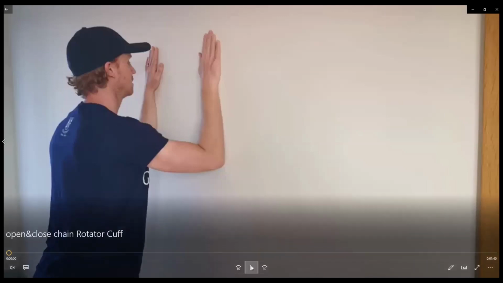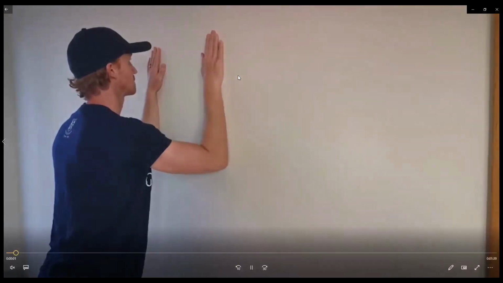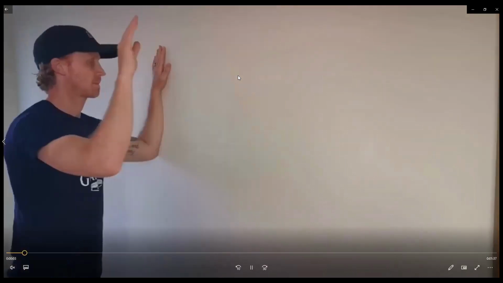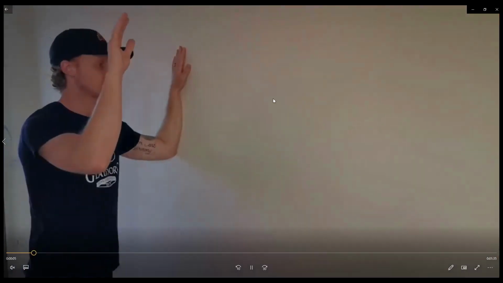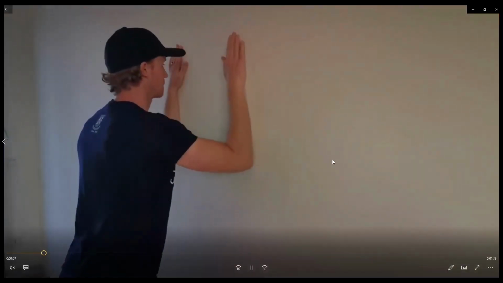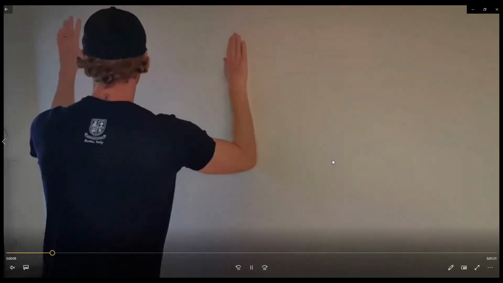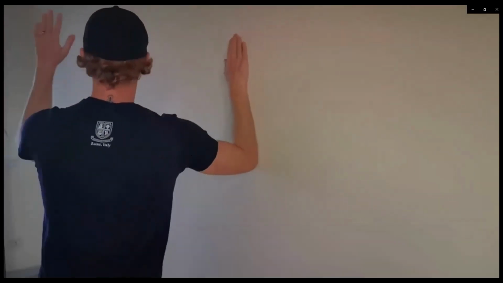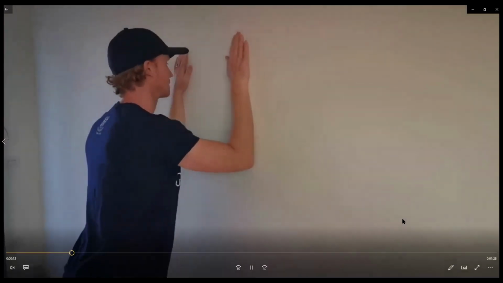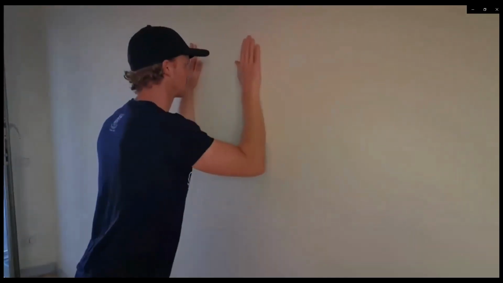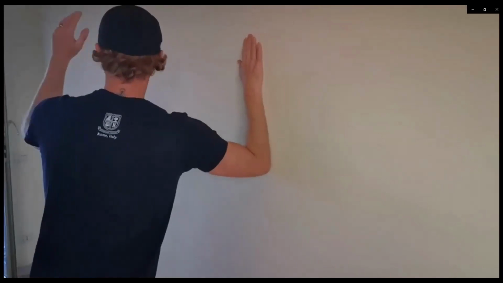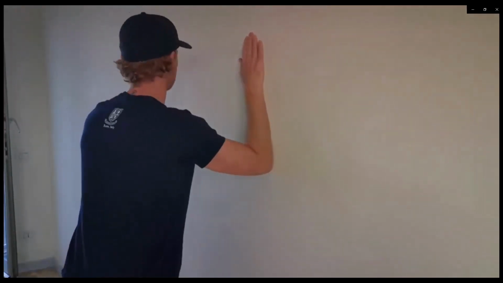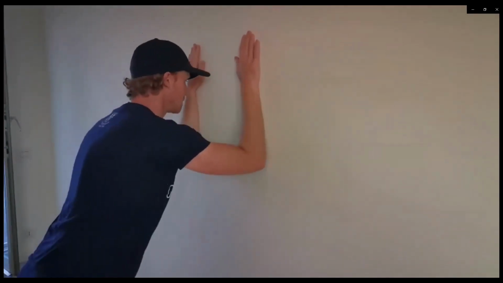So in this case, one arm stays on the wall while the body turns around it. The arm that stays on the wall is basically not moving. So it's the shoulder blade in this case that turns around the head of the humerus.